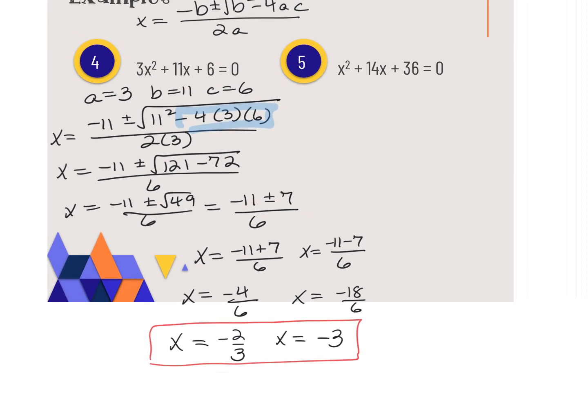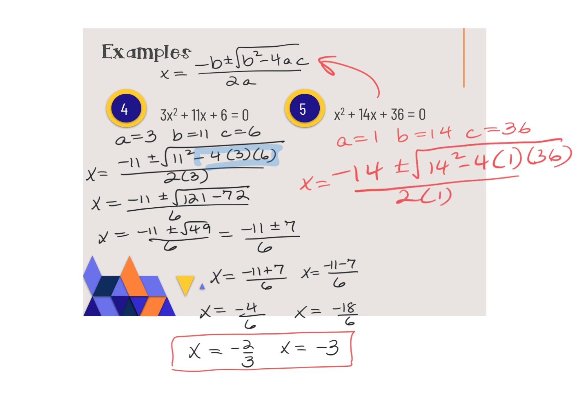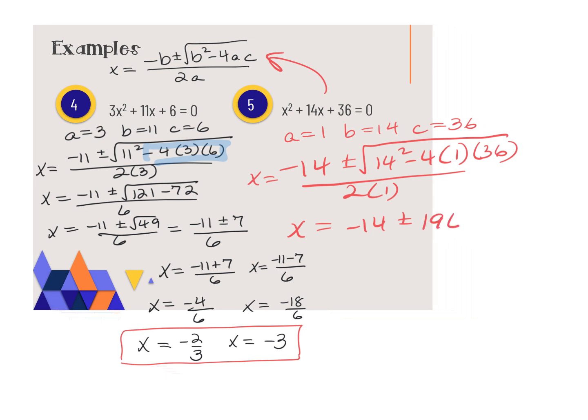So again, let's pull out our A, B, and C values. So my A is 1, my B is 14, and my C is 36. And I'm going to plug it in to this formula. So opposite of B, plus or minus the square root of B squared minus 4 times A times C, divided by 2 times A. I'm going to go ahead and simplify what's under the square root. 14 squared is 196.